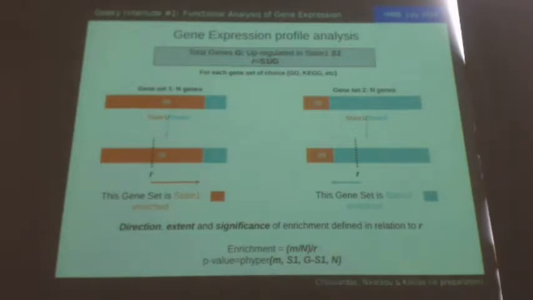Say that you have an experiment that has 20,000 values, 10,000 are up and 10,000 are down. Then the expected would be 0.5. You compare this discrepancy to the expected value, and this is how you calculate an enrichment. And then you assess the statistical significance of this with a hypergeometric distribution. You can also do this, and this is the power of this approach, by bootstrapping, because it's a simplified version of the gene set enrichment analysis that allows you to have very fast calculations, so you can also assess the significance more rigorously.